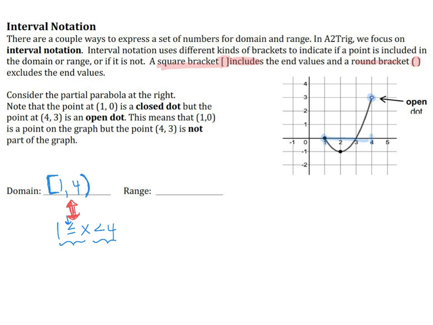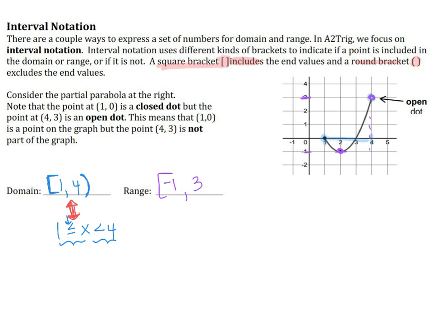Now your range, the lowest most value is -1. It is a closed circle here at -1, so it's inclusive. And if I were to travel, it's going all the way up. So it goes down here at -1. The highest point looks like it's 3, but it's not 3 because it's an open circle. So it's really 2.9999, but I can't write 2.999 forever because that number goes on infinitely.